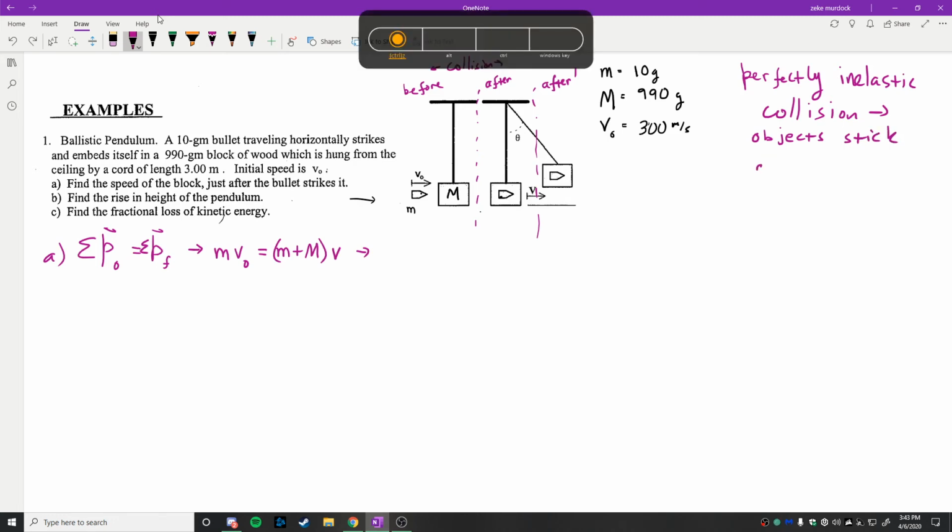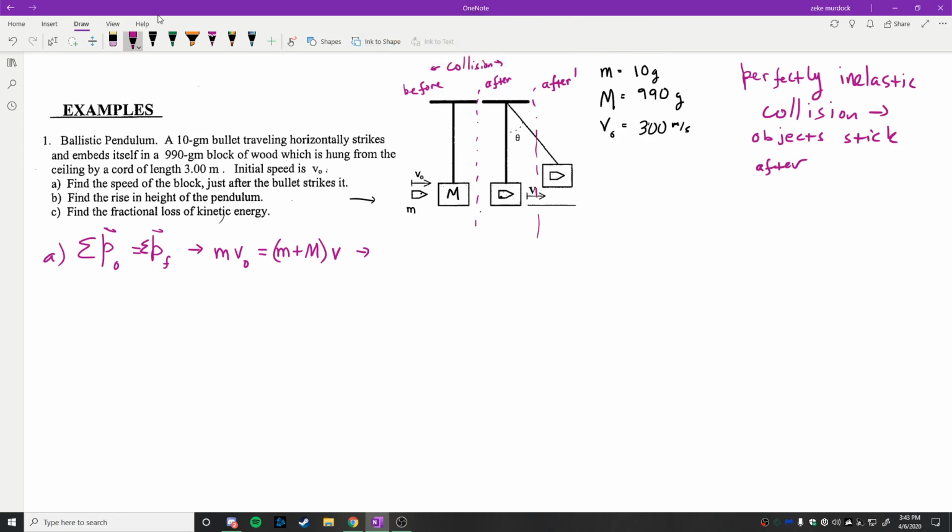After the collision, we call that a perfectly inelastic collision. And from this, we can solve for our velocity. So the velocity in this case is just going to be equal to little m over little m plus big M multiplied by the initial speed.